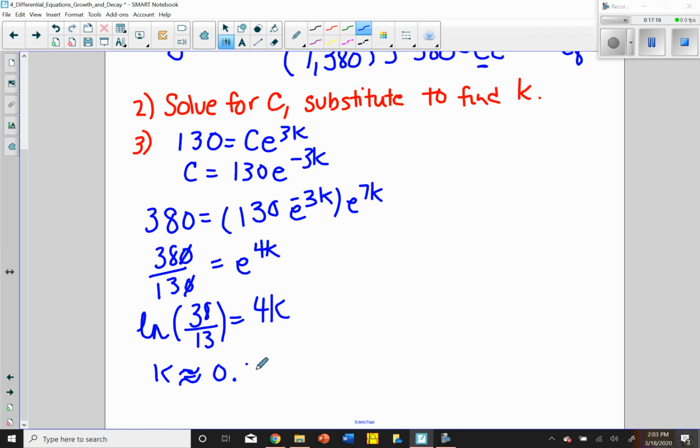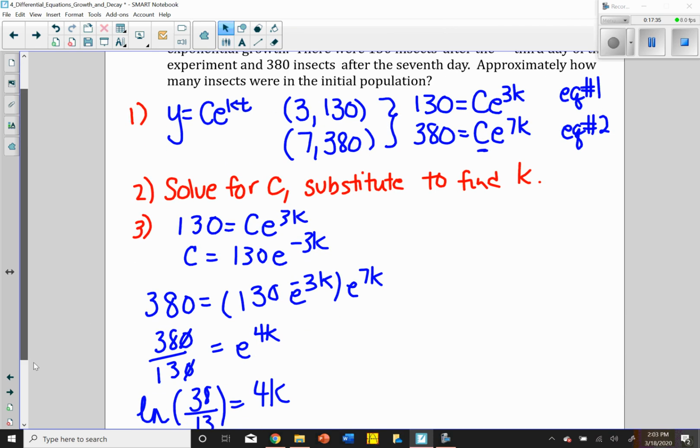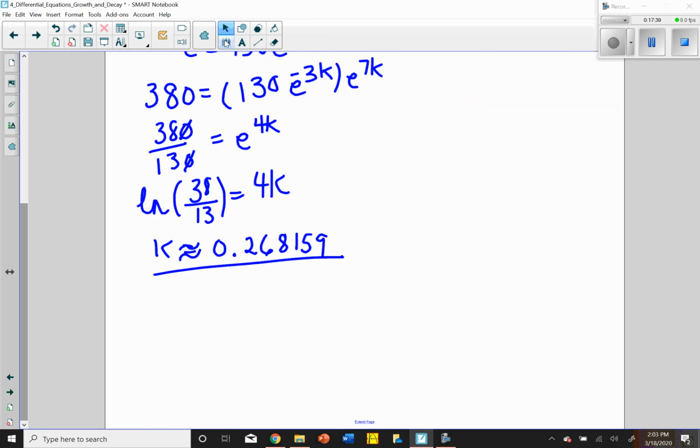So that's roughly 0.268159 on our calculator. So we know a constant of variation. We're going to use that constant of variation to create a growth model. So we want a growth model. That's step 4.